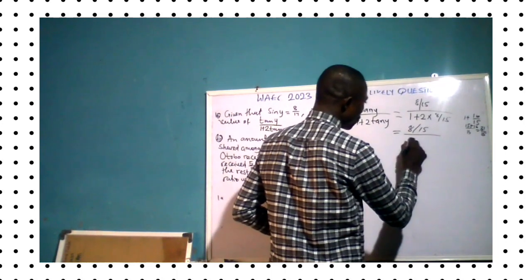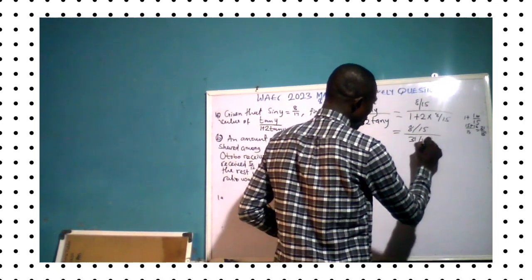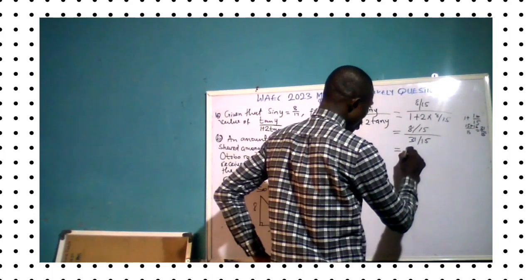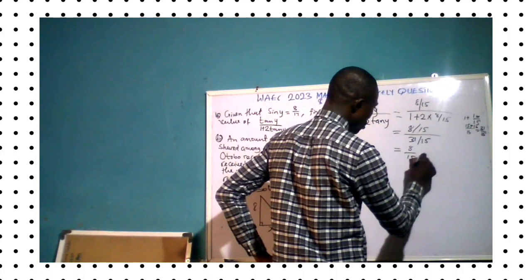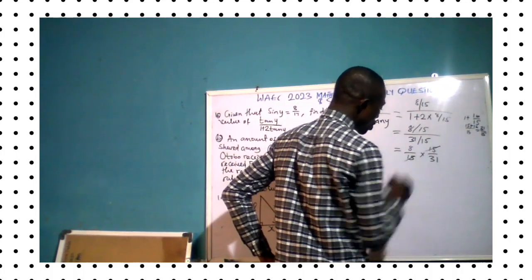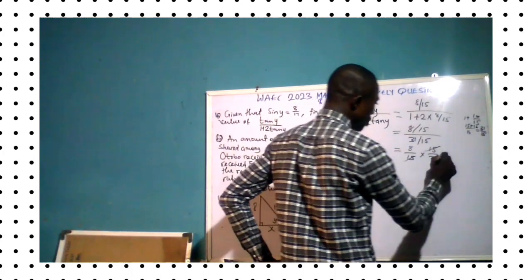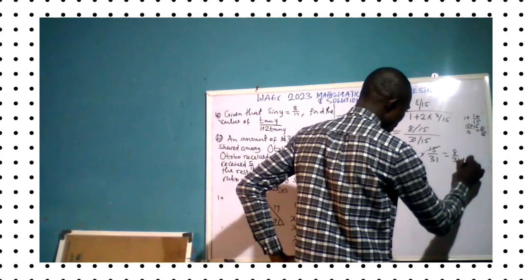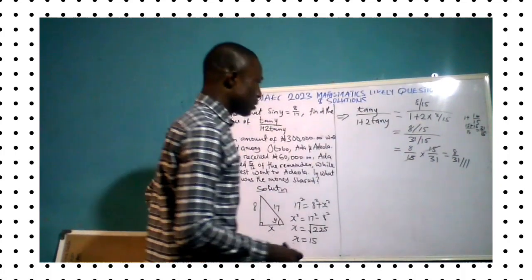So we have 8 over 15 divided by 31 over 15, which is equal to 8 over 15 multiplied by 15 over 31. We cancel out 15, so you are left with 8 over 31. So that's the final answer.